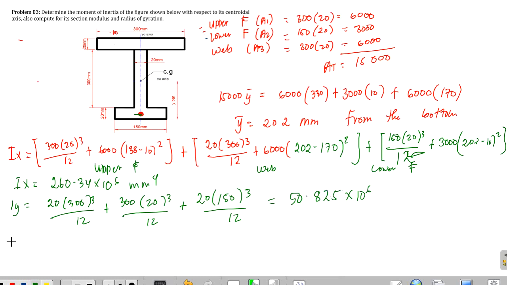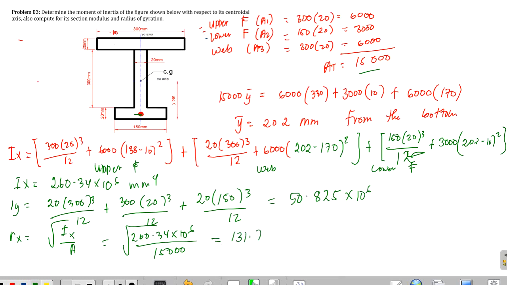To solve for the Rx, that is the square root of Ix over total area. We have our Ix, which is 260.34 times 10 raised to 6, and our total area, which is 15,000. Substituting the values, our Rx is equal to 131.74 mm.